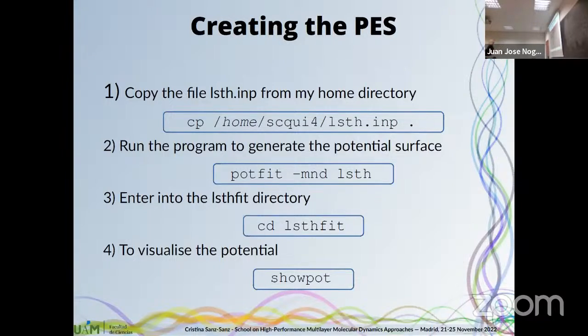It says the minimum is this value and the maximum is this value. If you're happy with these contours, you say 1 again. So you basically follow what it says on the screen. It tells you that it will plot these contour plots. If it is okay with you, you say yes, and then it will plot something.